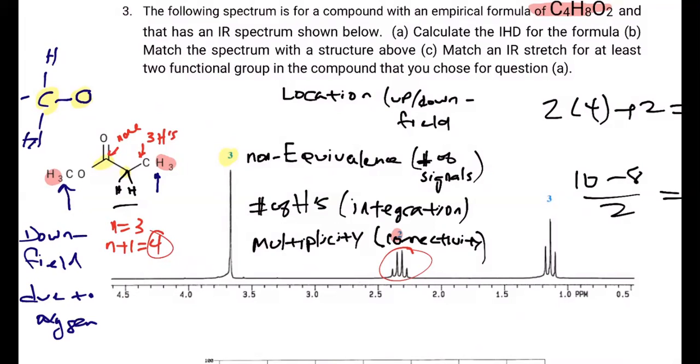So that's going to be further downfield. And it's going to be a singlet, right? Because if you look on the oxygen, there's no protons there. And if you look to the left of it, there's no protons to the left of it. Right, so it has no neighbors. So that's why it's a singlet.